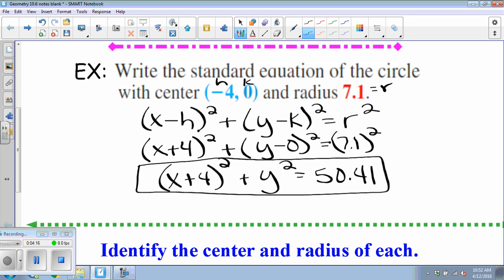Now, does anybody know, if I'm looking at this equation right here, how I know that's a circle? If both x and y are squared, then we know the graph of that is a circle. If x and y are both to the first power, we know that's linear, a line.